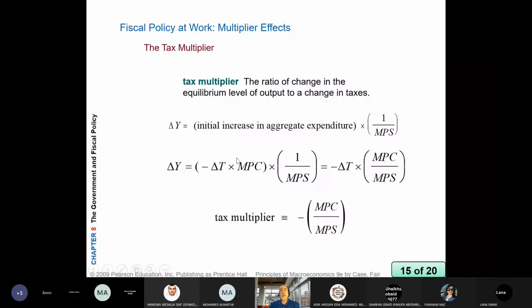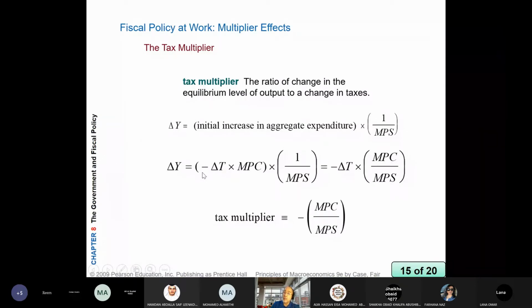Assume now the government increased taxes. That will lead to a decrease in our disposable income. If the government increased taxes, our disposable income will decrease.